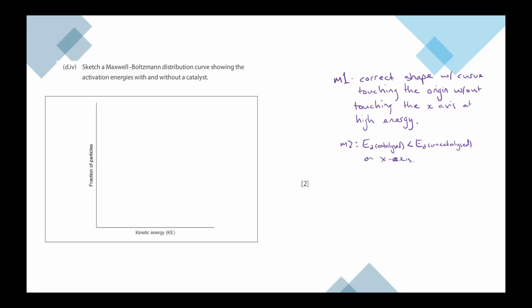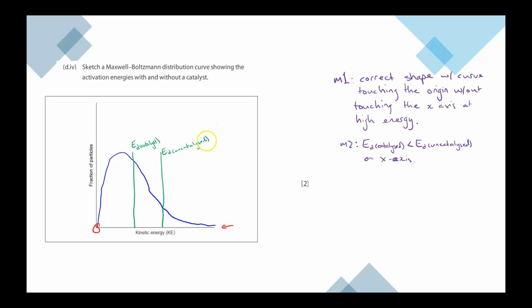And when we show where the activation energies are, catalyzed is less energy than uncatalyzed on the x-axis. I mean, draw it smoother than that. That was me trying to draw on the computer, which is a bit trickier. See how it touches down here, but not here. And then here are our activation energies.